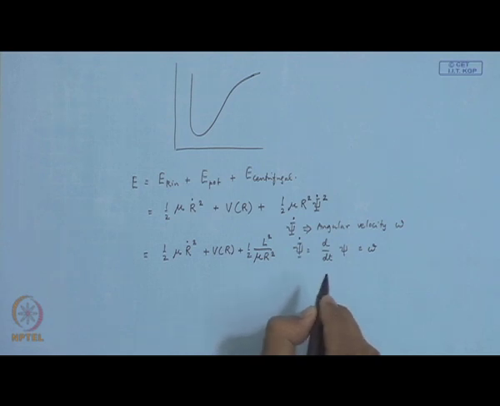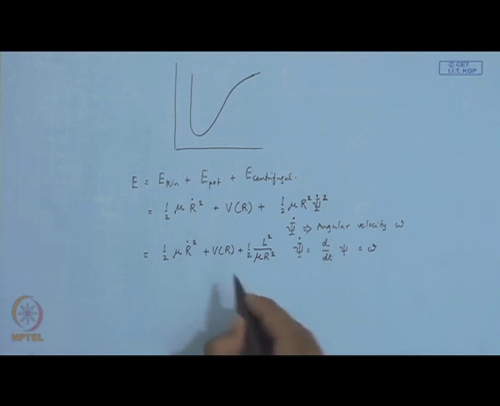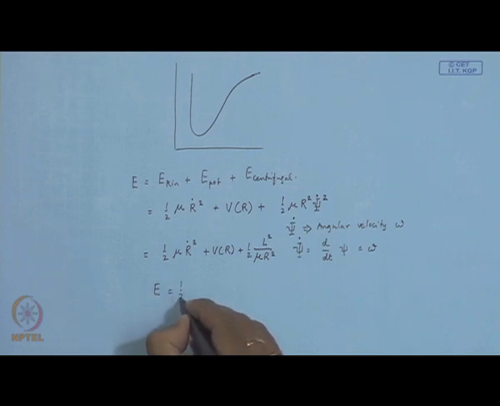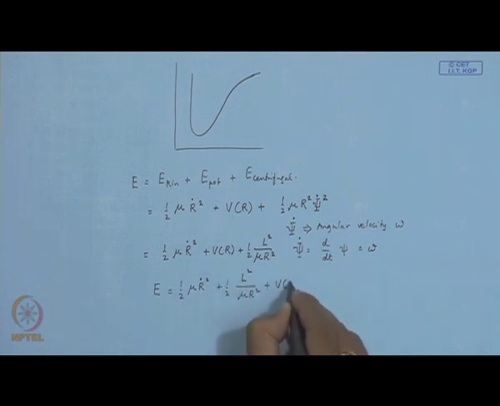That means your total energy is equal to half mu r dot square plus half L square by mu r square plus V of r.